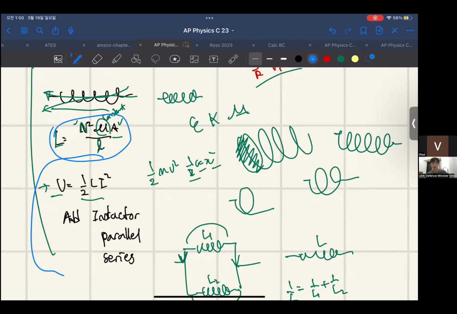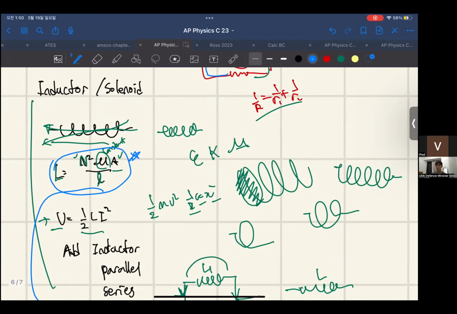So I would say this is something that you would have to keep in mind. But apart from that, honestly, you won't really see the other things in inductors unless you talk about LC circuits in the future. And if you want to know more about LC circuits, you can watch my 7th video, I believe. So that's it.